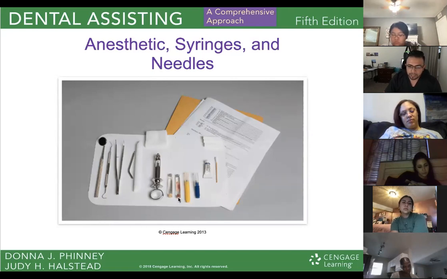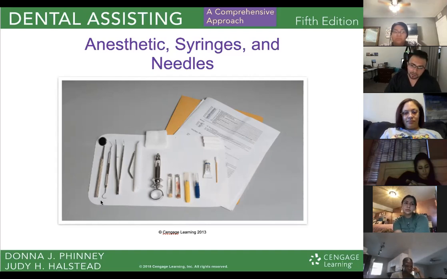I think this is lidocaine and this looks like septocaine here. You'll need your aspirating syringe, which your needle and your anesthetic are connected to. We'll need some gauze, right, so that we can place a topical anesthetic and not have it go all over the mouth. A high volume evacuator, an air water syringe, and then a basic setup, which includes cotton pliers, an explorer, and a mouth mirror.